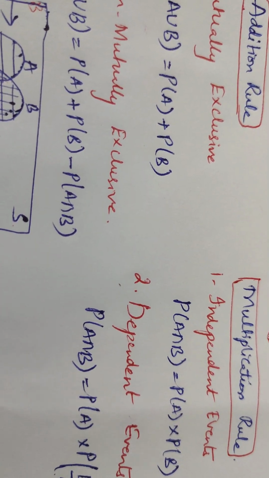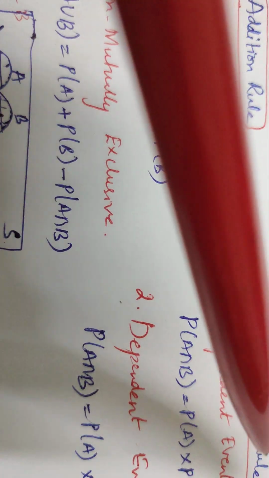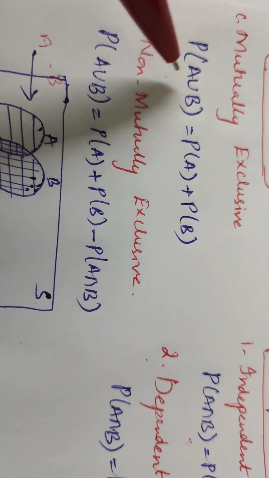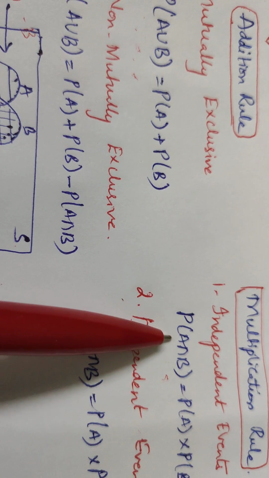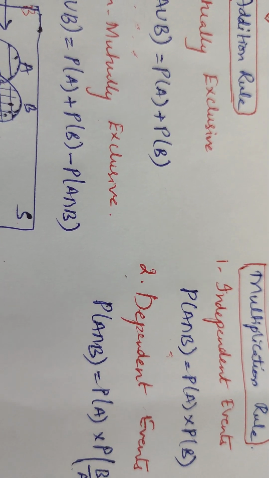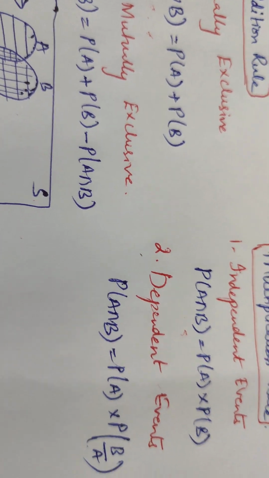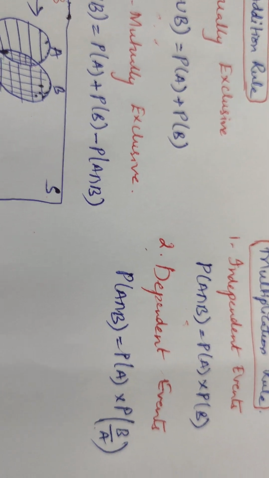The probability of event A and event B, the occurrence of event A and B. Then we take the product of both individual probabilities. Similarly, how do we find dependent events?